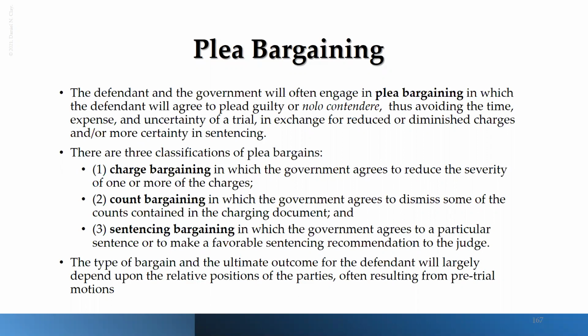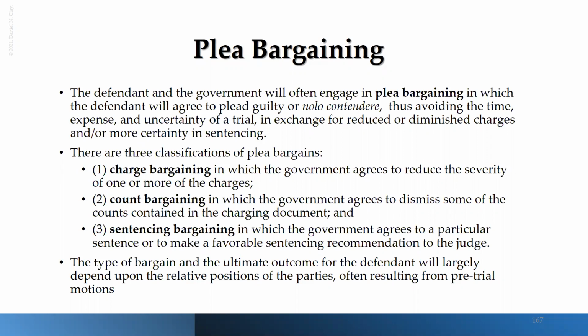If we take the death penalty off the table, and especially in a death penalty case, we're probably going to engage in sentence bargaining as opposed to charge bargaining, but it's a possibility. That's going to be a pretty strong incentive to plead guilty. We'll talk a little about this when we talk about sentence bargaining as well as count bargaining. There are some problems that come into play.